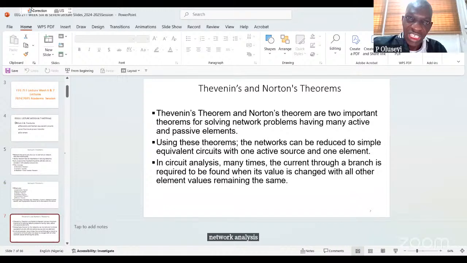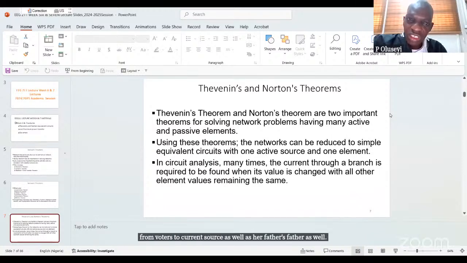So when we are talking of Thevenin's theorem and Norton's theorem, they are like a complementary kind of theorem in a way, just like when I was teaching you about source transformation, that you can transform from voltage source to current source, as well as vice versa.